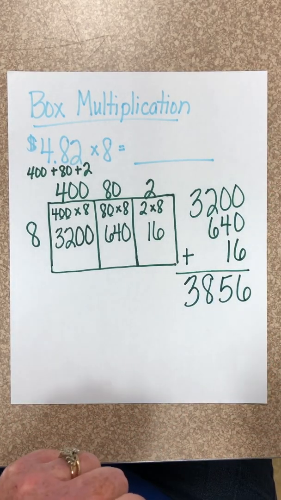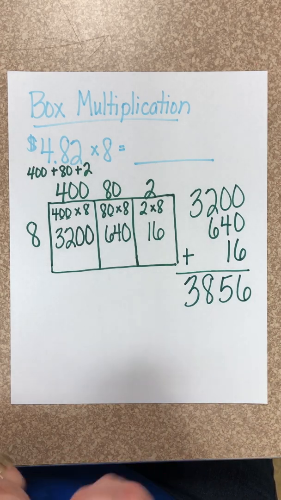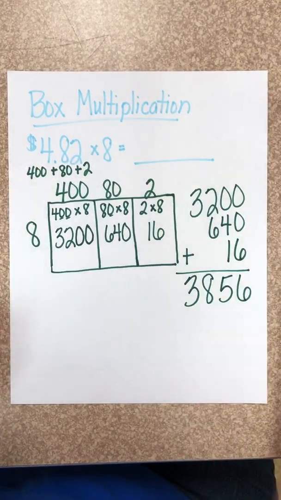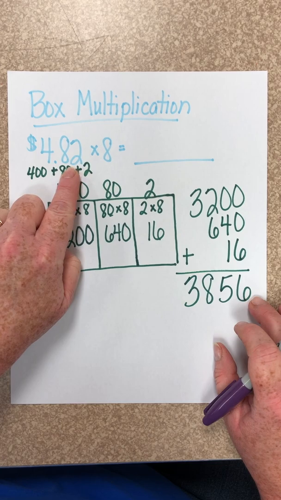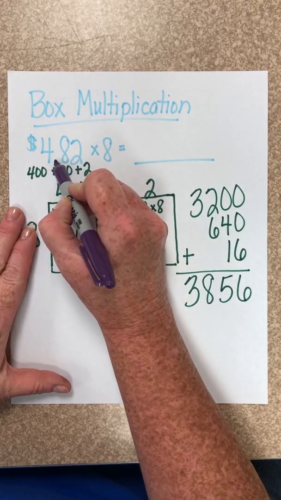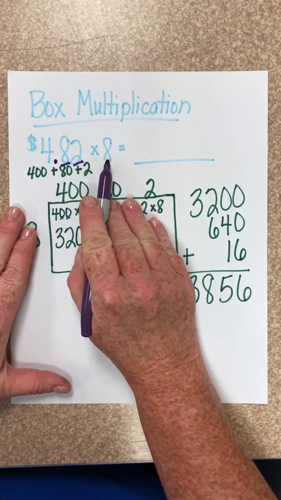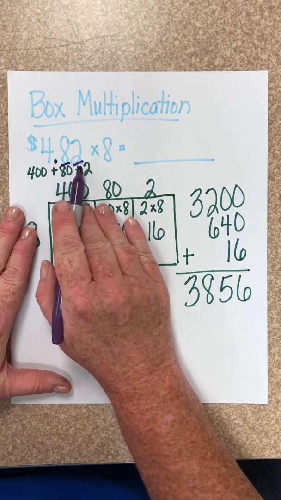Now remember, this problem is dealing with money. Notice a dollar sign and a decimal point. So now let's look at the decimal point. Decimal point and 1, 2. But this factor doesn't have a decimal point, so that means this problem only has 2 decimal places.